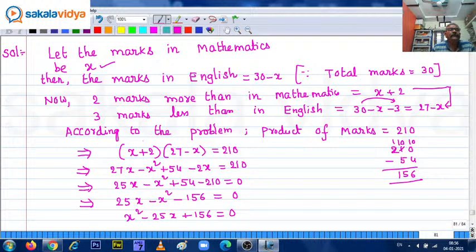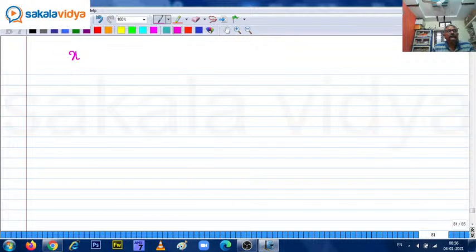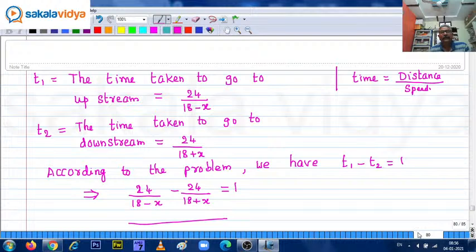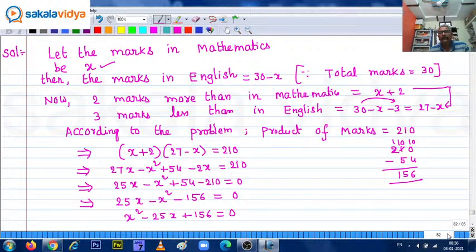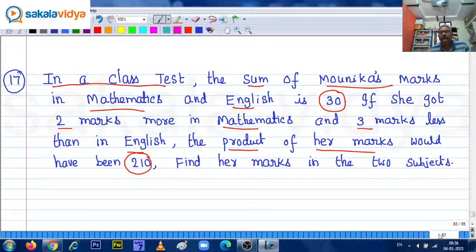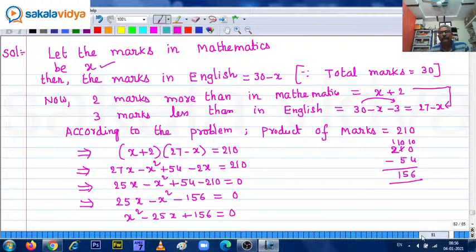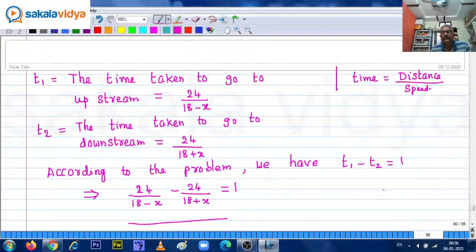So x square minus 25x plus 156 equals 0. We need to check once again, 156, right.